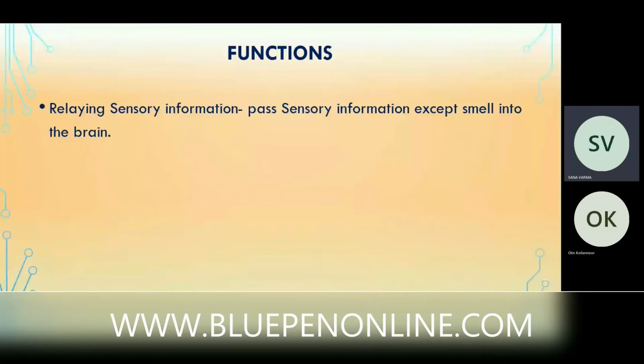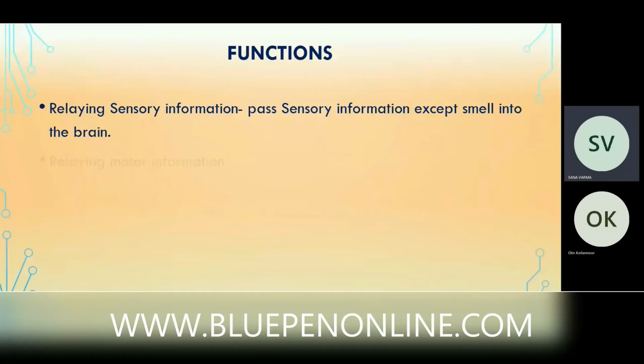Each and every tract has its own nucleus, and the information is sent to the cerebral cortex with the help of certain nuclei in the thalamus. Those nuclei will accept those sensations, process them, and then transmit the information to the related area in the cerebral cortex. That's how they relay the sensory information. Is it clear?